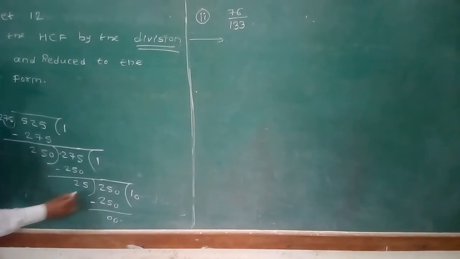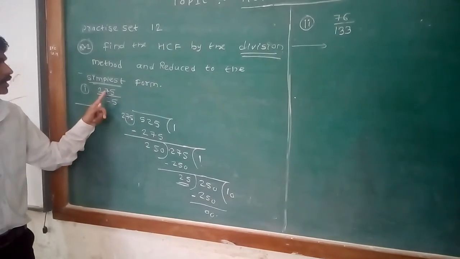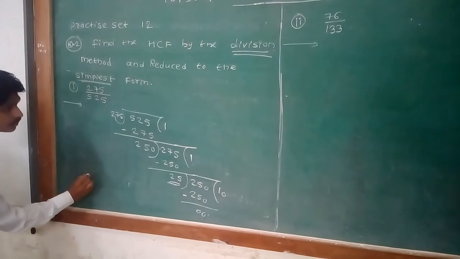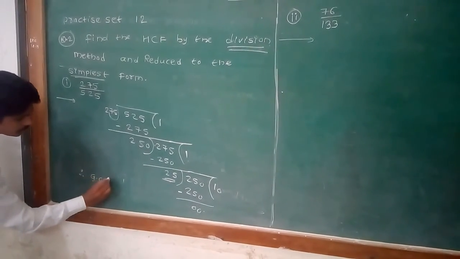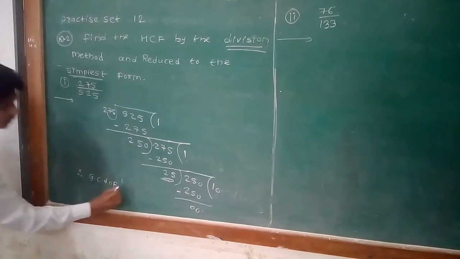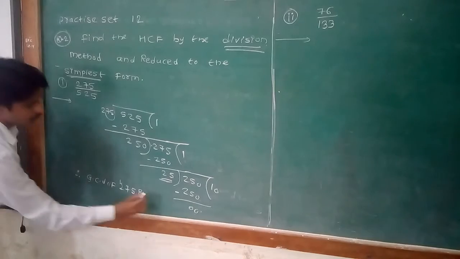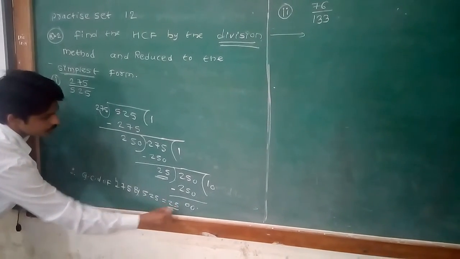Therefore we can say that 25 is the GCD of 275 and 525. Therefore GCD of 275 and 525 is equal to 25.